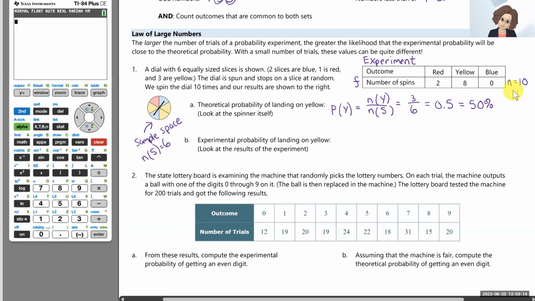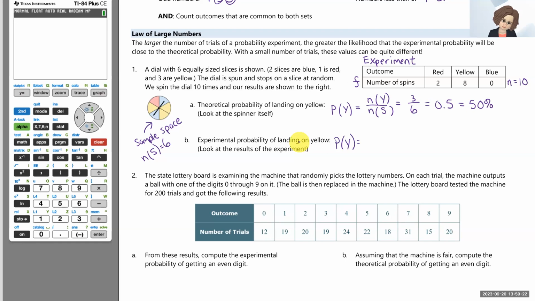So we had 10 spins of our spinner, and these were the resulting frequencies. Based on the experiment, the probability of yellow, frequency over n: we got yellow 8 times out of our 10 spins. So that would be 0.8 or 80%.